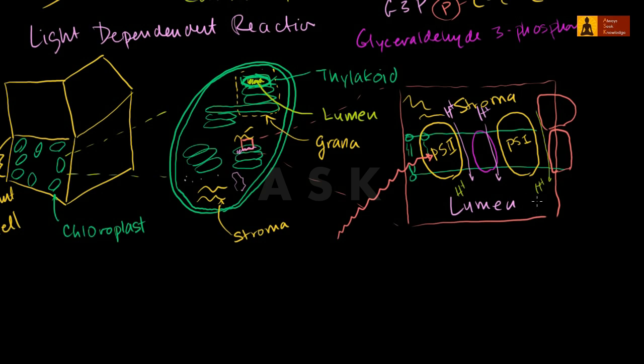They want to go back into the stroma from the lumen, and they do. They go through the ATP synthase. Let me do it in a new color. These hydrogen protons are going to go back down the gradient.